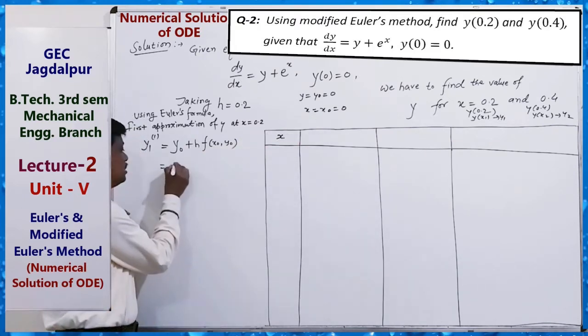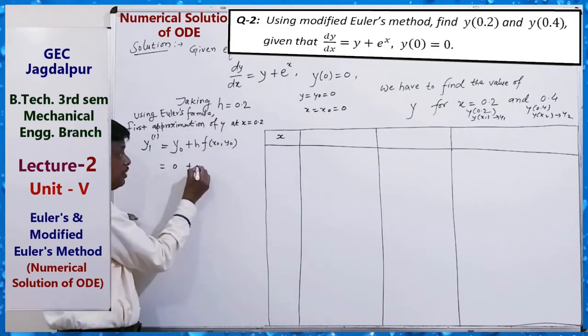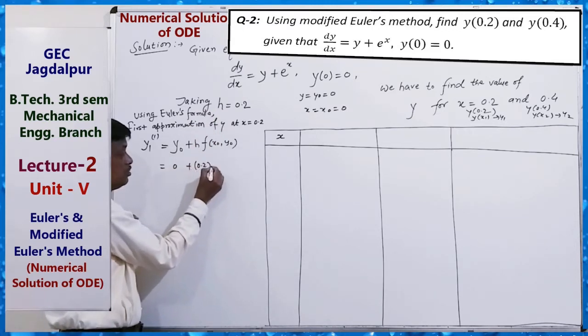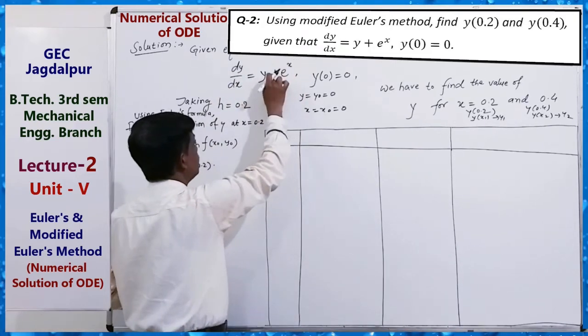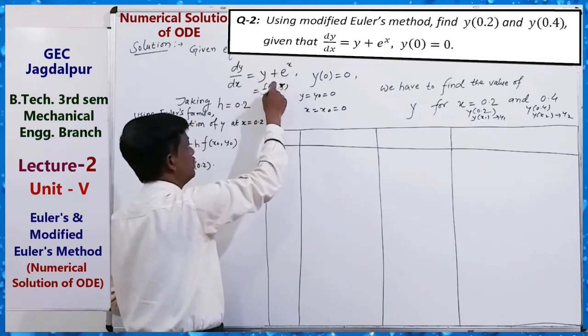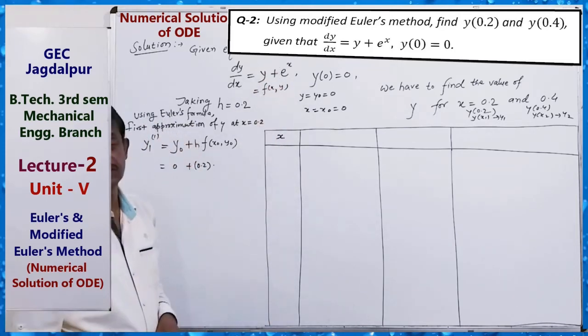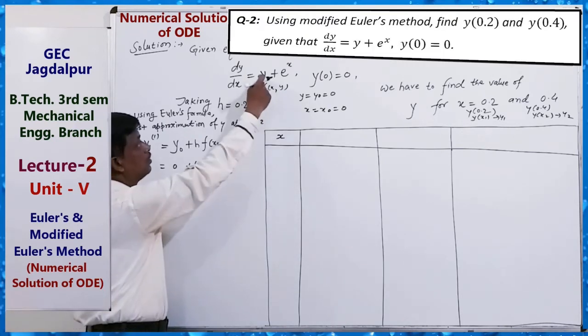So here 0 plus h, 0.2, into f(x0, y0). This is f(x, y), which means y plus e to the power x.